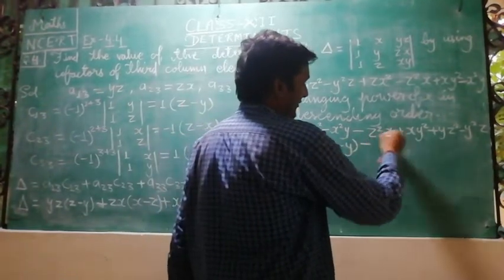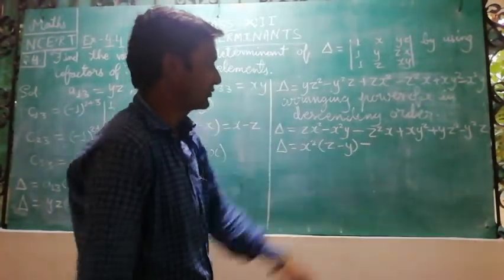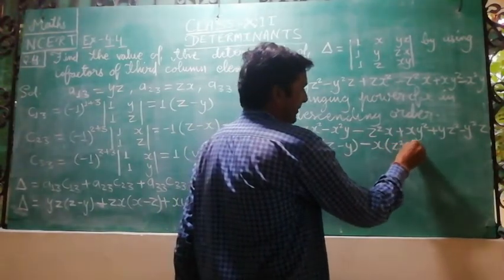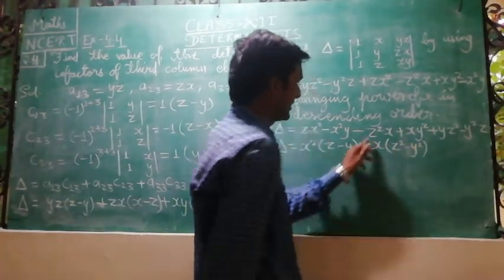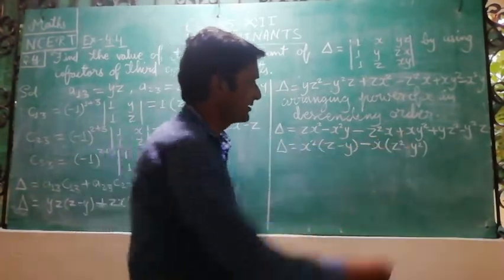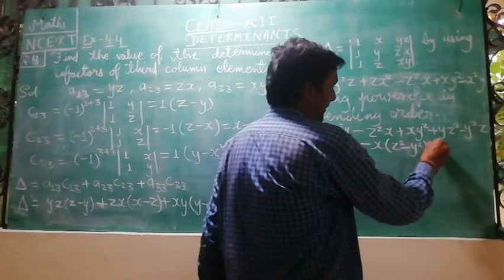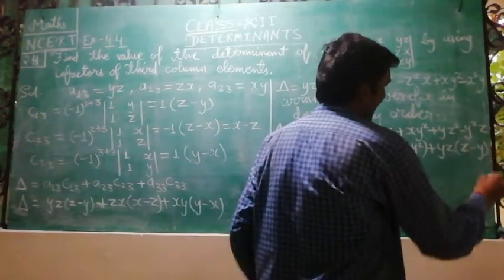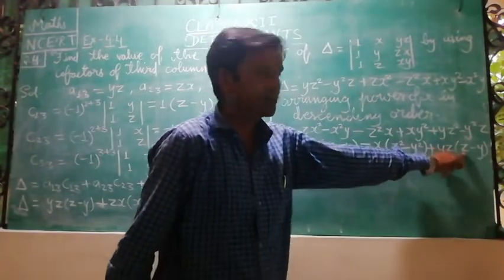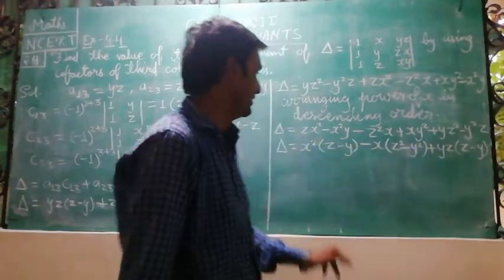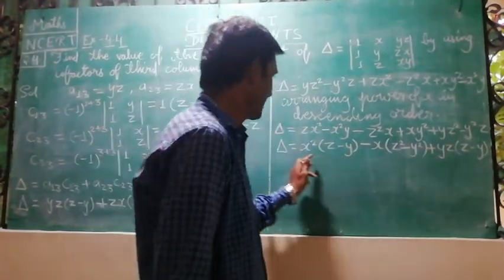Now minus, what can we take common? x we can take common, so minus x is taken common, that's why it is z square minus y square. This positive sign will become negative because minus into minus is plus, so z square minus y square. Plus, here we can take yz common, so it will become z minus y, because here power of z is 2, so one z is remaining, and here power of y is 2, so y is remaining.